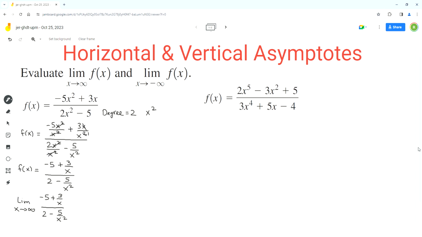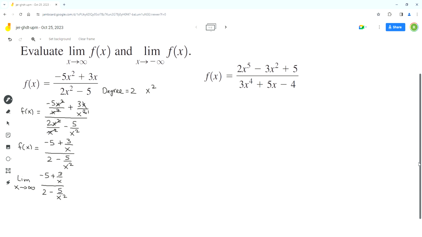Now we can distribute the limit to the numerator and denominator, and we get the limit as x approaches positive infinity of negative 5 plus 3 over x, over the limit as x approaches positive infinity of 2 minus 5 over x squared.